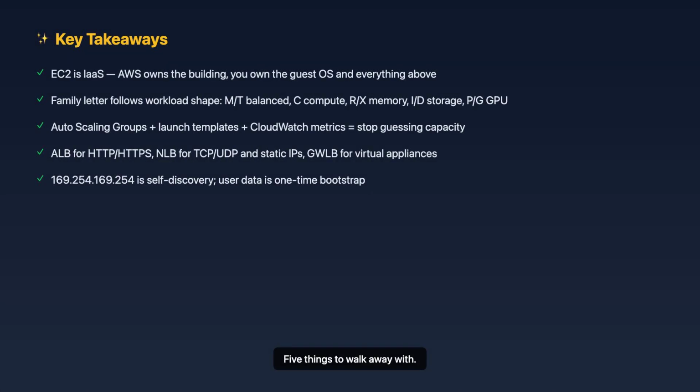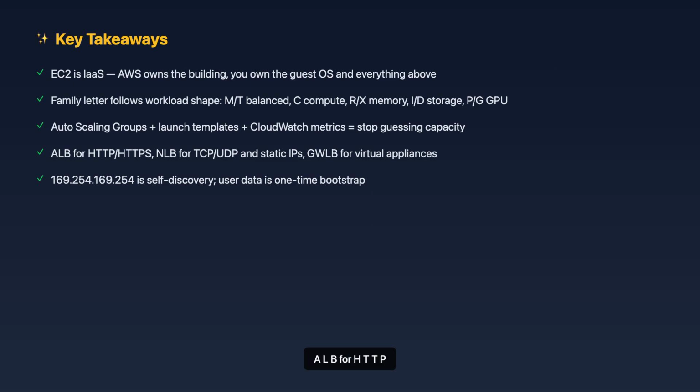5 things to walk away with. EC2 is infrastructure as a service. Amazon Web Services owns the building. You own the guest OS and everything above. Family letter follows workload shape: M and T balanced, C compute, R and X memory, I and D storage, P and G GPU. Auto-scaling groups, plus launch templates, plus CloudWatch metrics, is the mechanism behind stop guessing capacity.